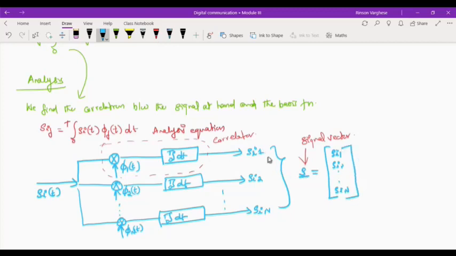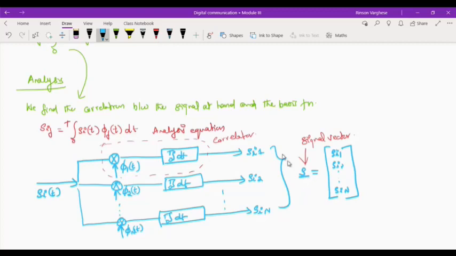So you have the contribution of your signal in each of the bases. s_i1 is the contribution in the first basis, this is the second basis, and this is the nth basis. So you collect them in a column vector form, and we call that the signal vector.